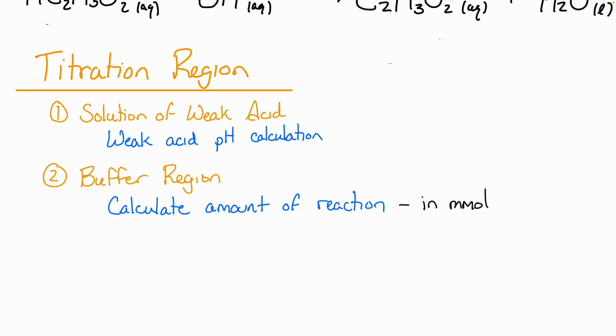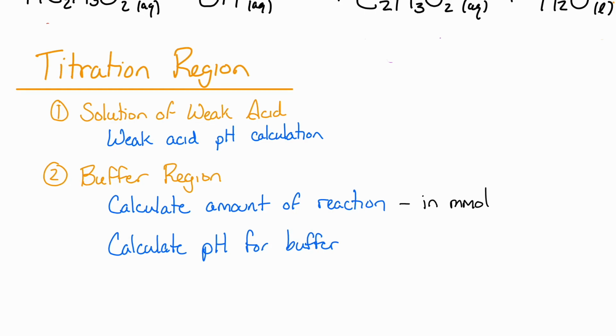But when it got to the point where we were calculating our pH, we got to use that calculate pH for a buffer. And again, for buffers, we get to use that special equation, that Henderson-Hasselbalch equation.